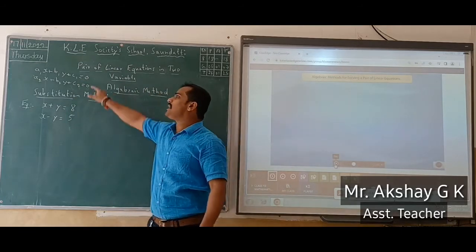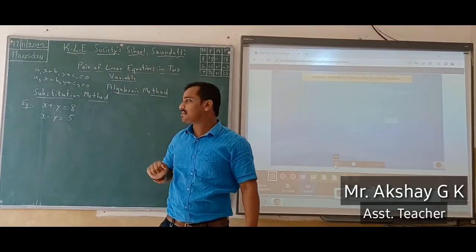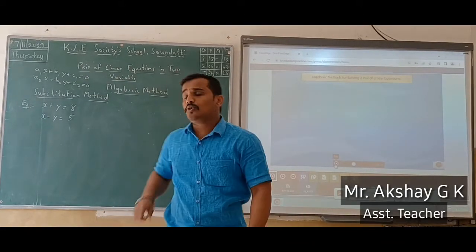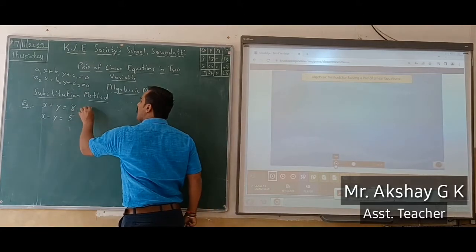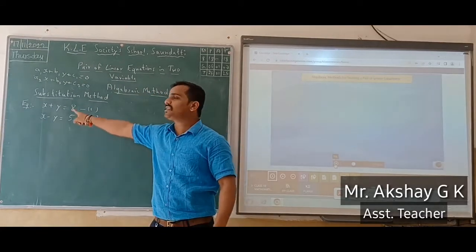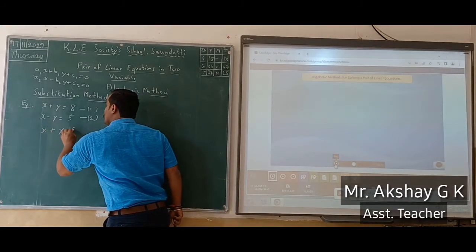These are the two equations which are a general form of a pair of linear equations. Now, when I am going to solve this sum, I am going to name this equation as equation number 1 and equation number 2.